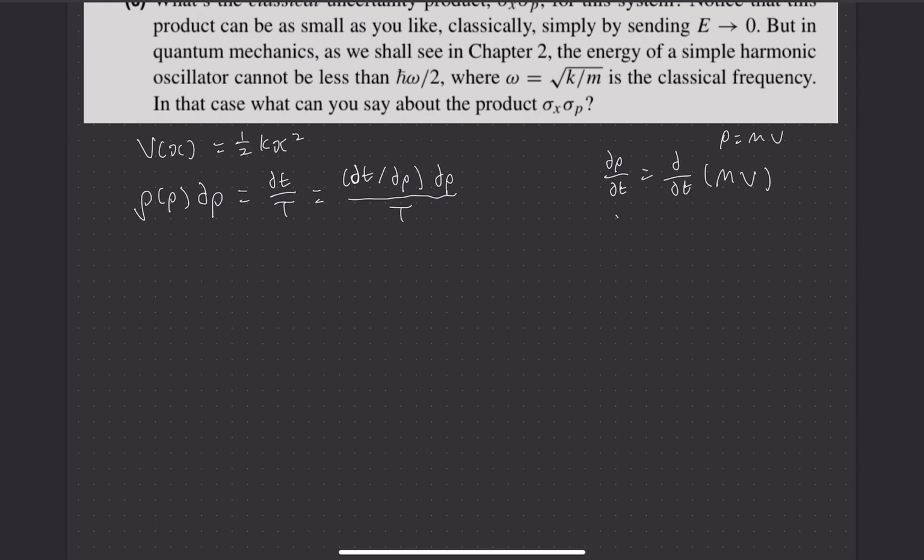Now we can do the product rule to find what this is, which is equal to dm/dt times v plus dv/dt times m. Now we're assuming mass is constant, so the first term is 0. So dp/dt is equal to dv/dt, which is just acceleration, a, times m, which is equal to force from Newton's second law.